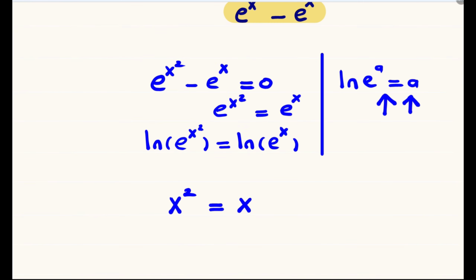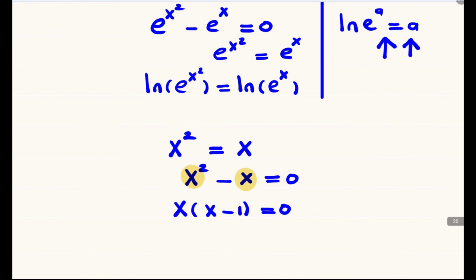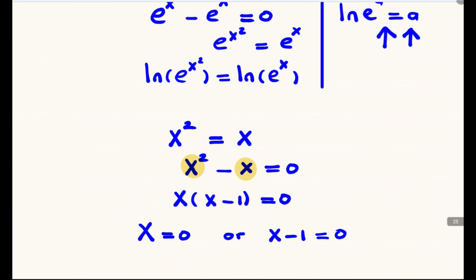is equal to x. And we are not going to divide through by x. We take the x to the left, it will change sign to negative x, and we take x as our common factor. And x will be x times x minus 1 is equal to 0. x will be equal to 0, or x minus 1 will be equal to 0.